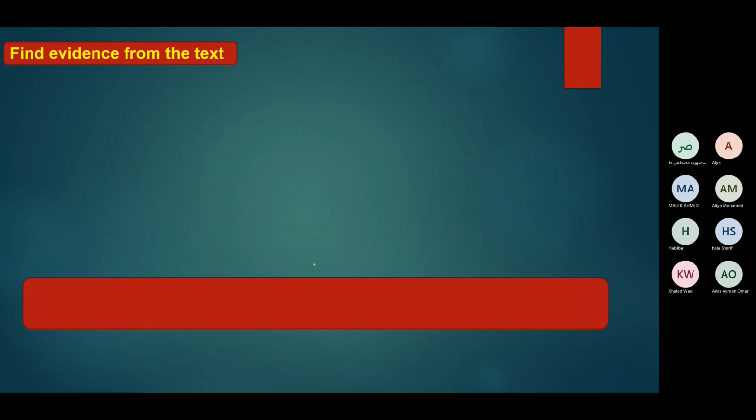Another question, and this part is copied directly from the text. Find evidence from the text. A question asks you to find a quotation. We name it as what? Quotation, or let's say quote.